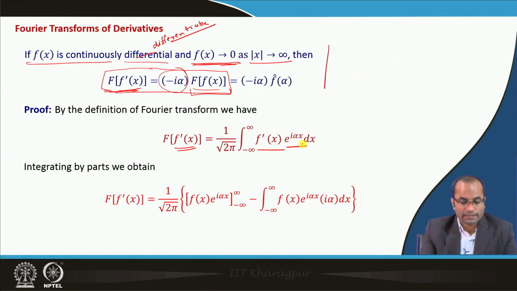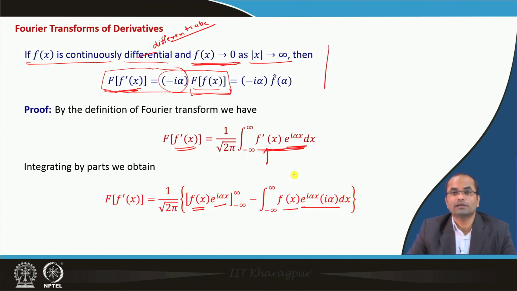We have two functions, so we will integrate naturally f prime, which gets us f(x), and e to the power i alpha x as it is, then we have a minus sign, again f(x) and the differentiation of e to the power i alpha x, which is e to the power i alpha x into i alpha.